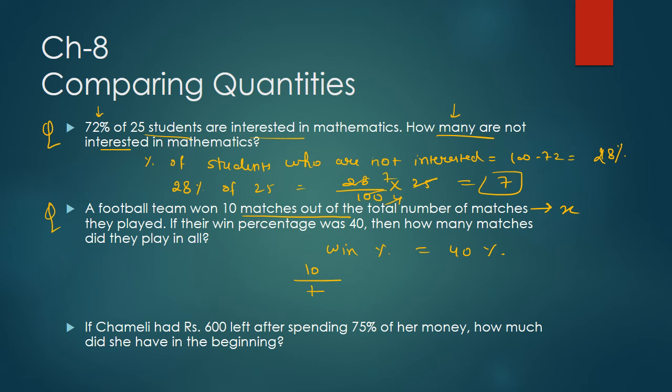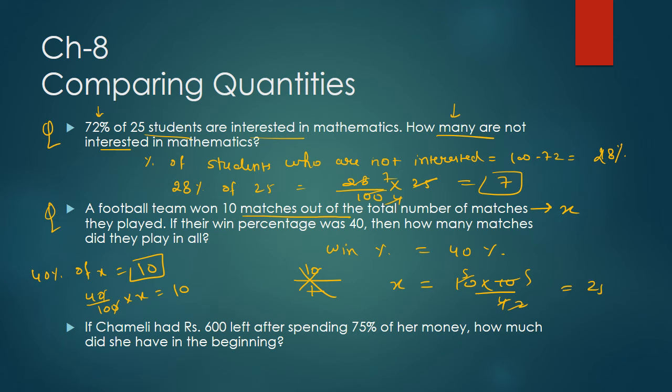So 40% of the total is the 10 matches they won, right? So 40% means 40 by 100 of X is equal to 10. So 0 gets cancelled with 0. So here X becomes 10 into 10 by 4. 2 2s are 4, 2 5s are 10, so 25 matches they played in all. Okay.